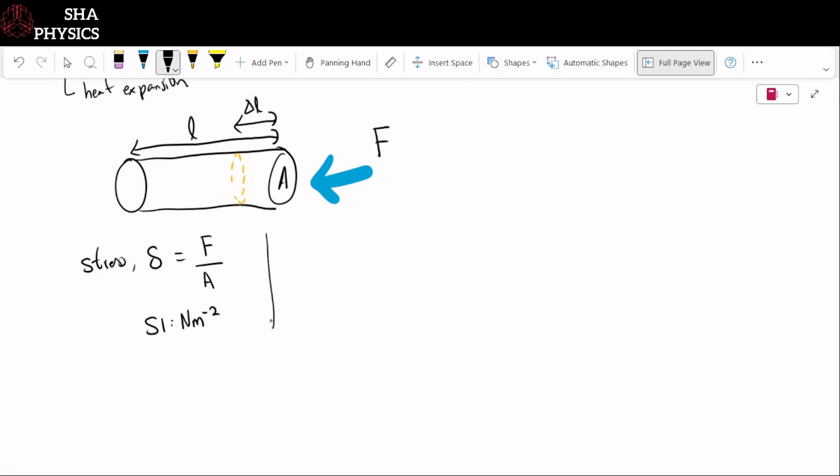Strain is simply, use epsilon, the change in the length divided by the original length. It has an SI unit of nothing because this is in meters and this is in meters as well. So strain is going to be unitless.